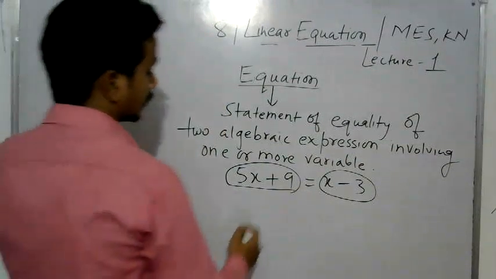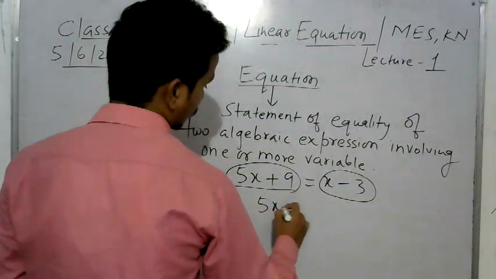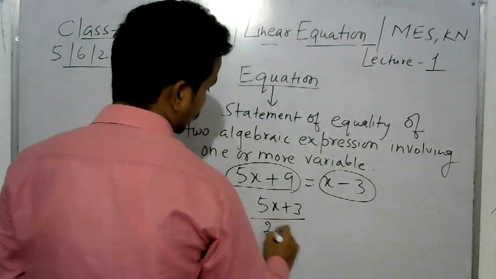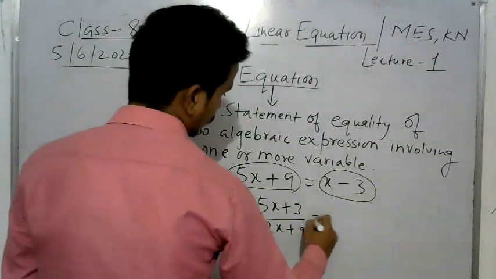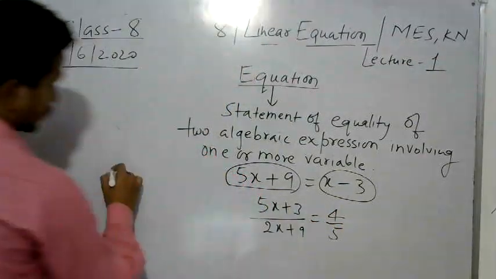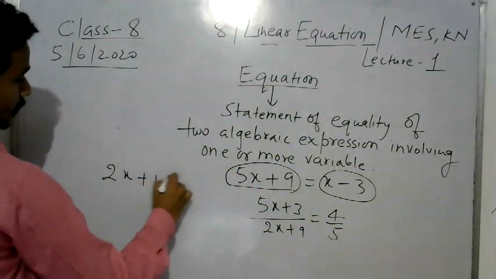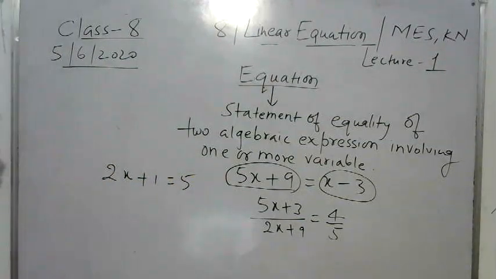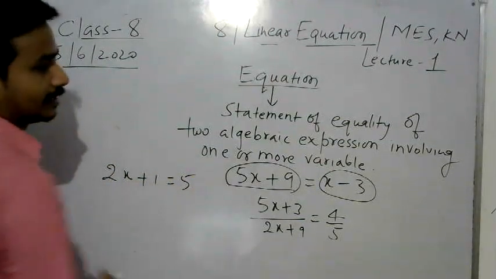Okay, you can take many more examples: (5x plus 3) divided by (2x plus 9) equals 4 by 5, or 2x plus 1 equals 5. So all these are examples of an equation.